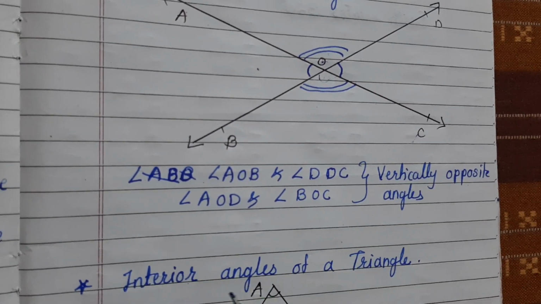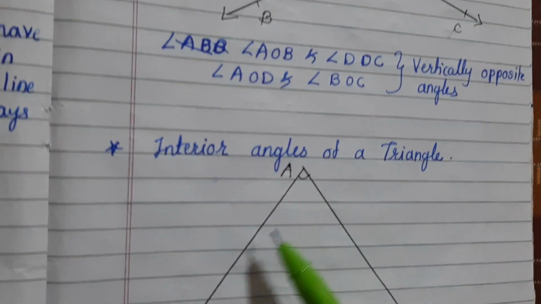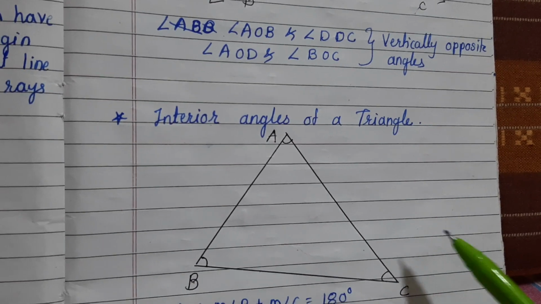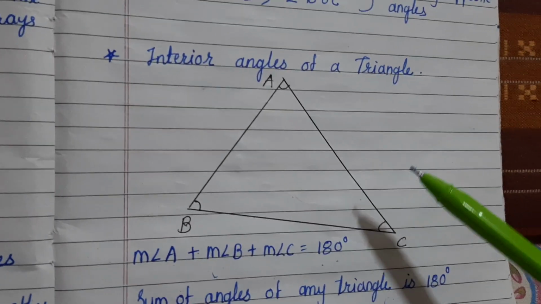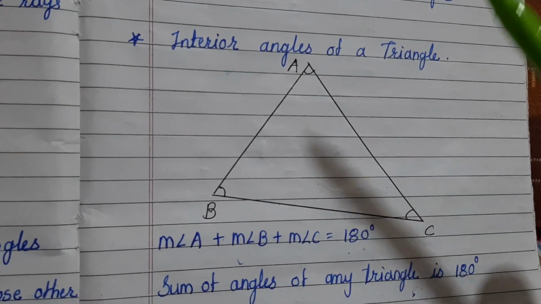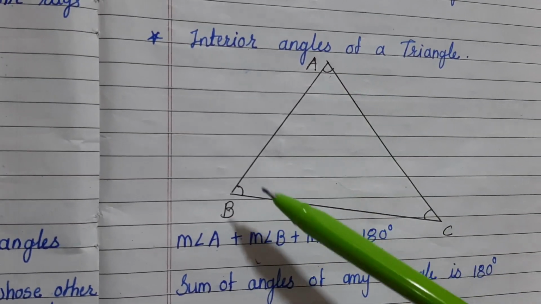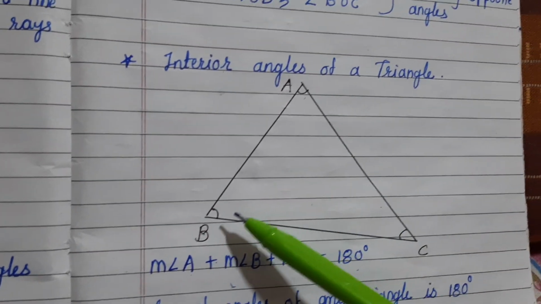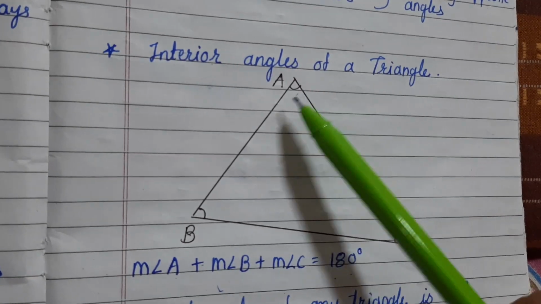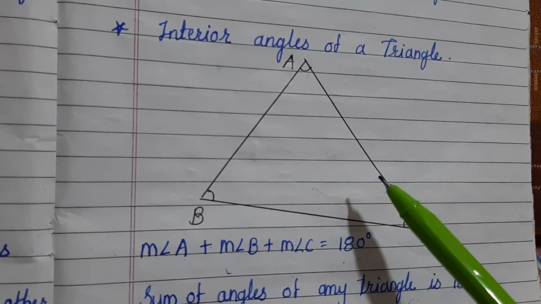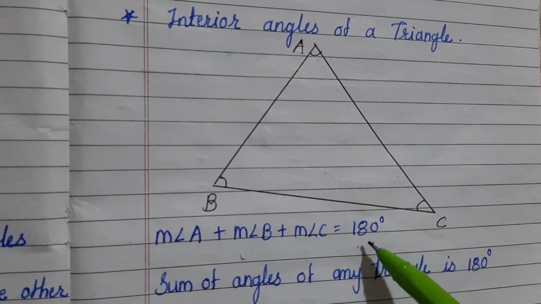Now the third part, interior angles of the triangle. When you draw any triangle, it may be acute, obtuse or a right angle triangle, whatever, you will find three angles. Here three angles are there, angle A, angle B and angle C. If you measure all three angles and add them, it will give you 180 degrees.